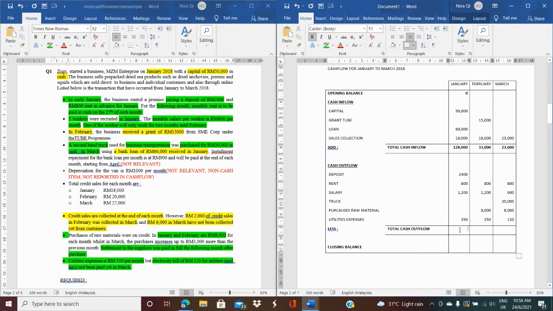Now calculate the outflow for each month. For January, 2,400 plus 800 plus 1,200 plus 350. The amount here is 4,750. For February, 800 plus 1,200 plus 8,000 plus 350.